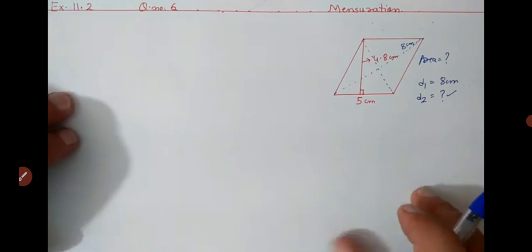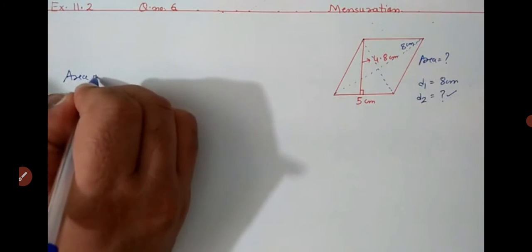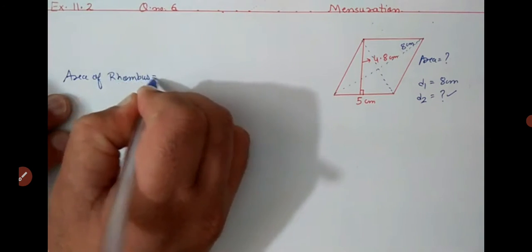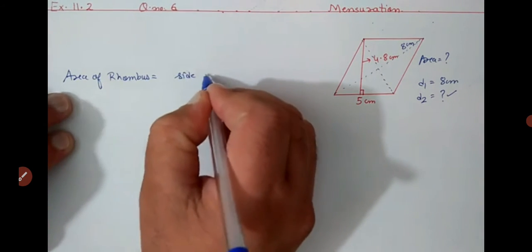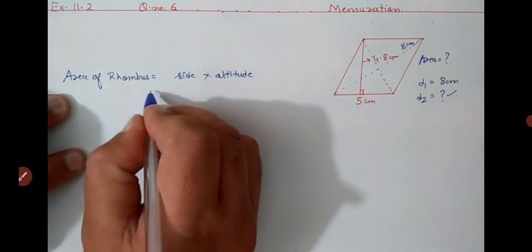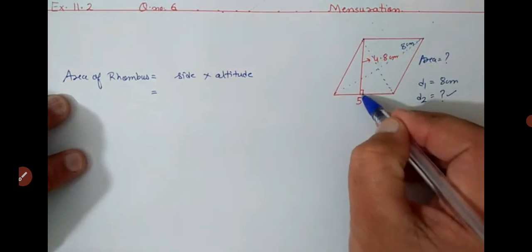Okay, now the area of rhombus, we know that the area of rhombus is equal to side into altitude. Side is given and altitude is also given.